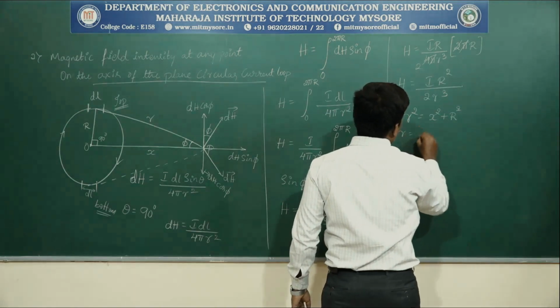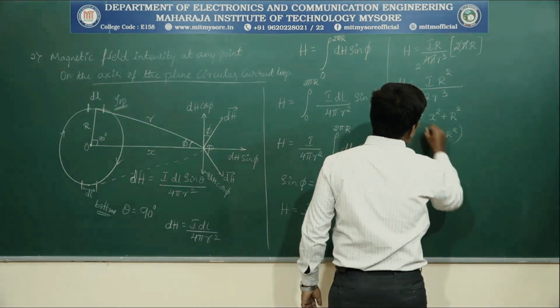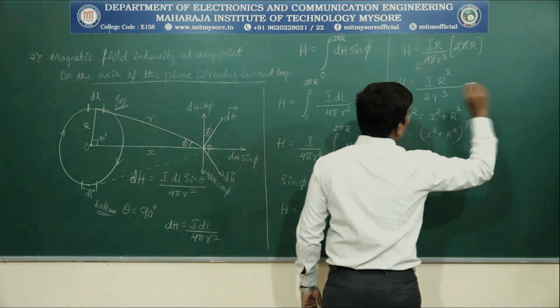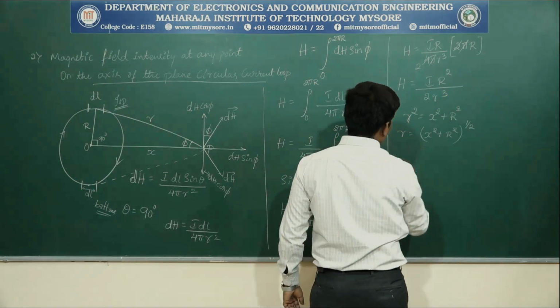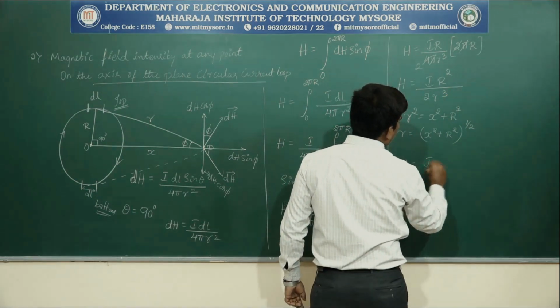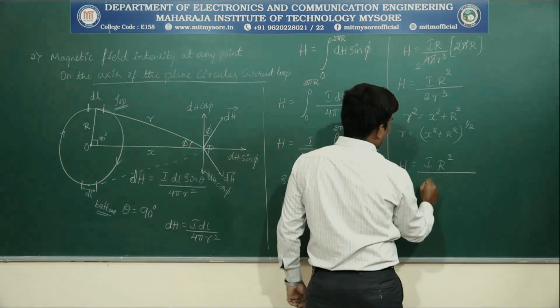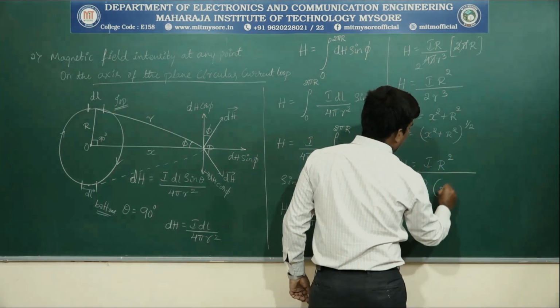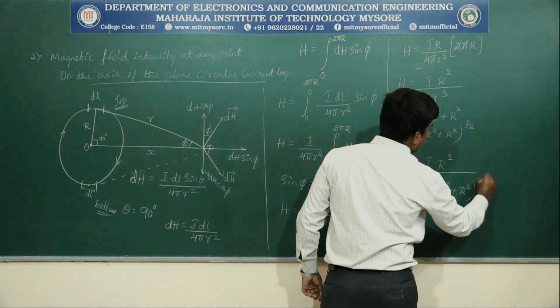Therefore, r can be written as x square plus capital R square whole power 1 by 2. Then substitute this into the above equation, then H becomes I into R square divided by 2 into x square plus R square whole power 3 by 2.